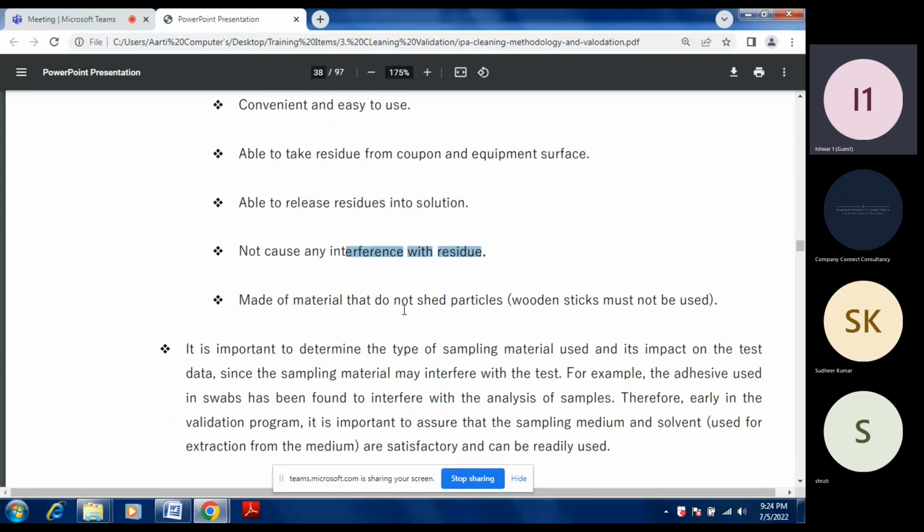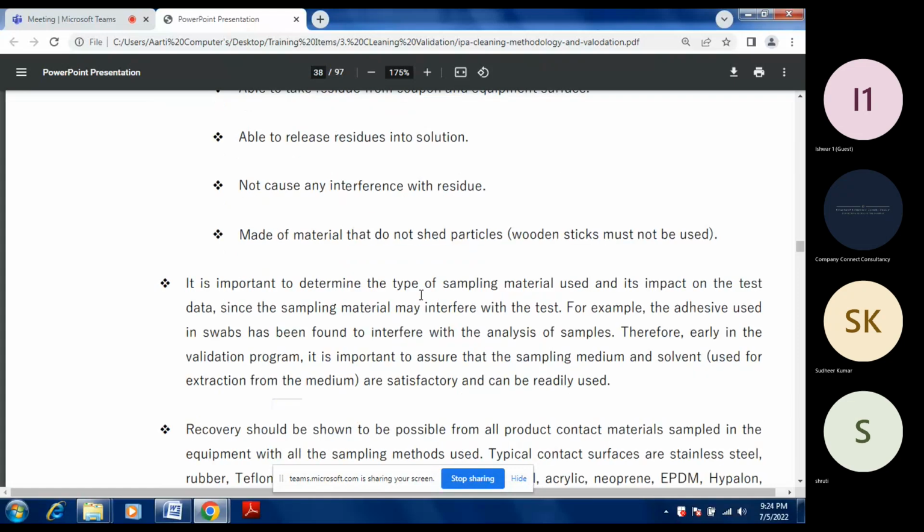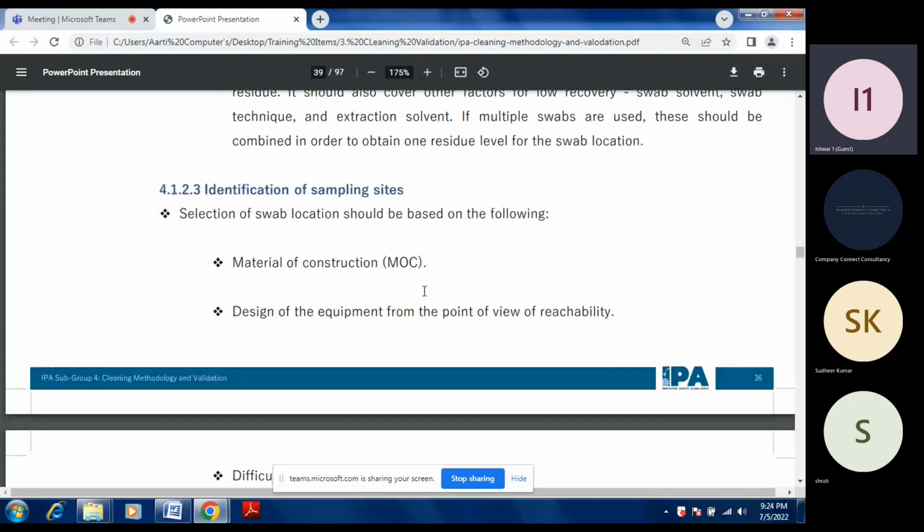So the swab stick material should not react with the residue of that particular part or solution sample. It should be made of material that does not shed particles; wooden sticks must not be used. So we use different types of sticks.